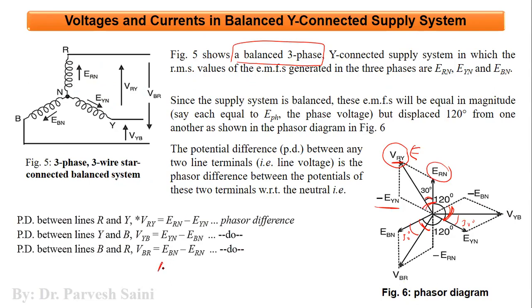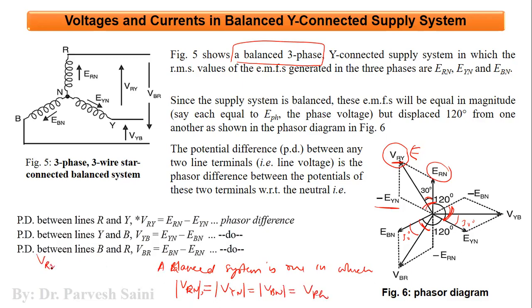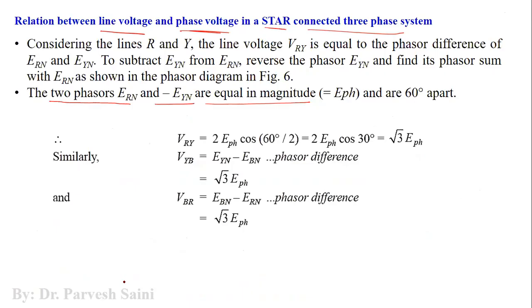So a balanced system is one in which the magnitude of VRN is equal to the magnitude of VYN equal to the magnitude of VBN, and this is the phase voltage, right? Similarly, the magnitude of VRY is equal to the magnitude of VBR is equal to the magnitude of VYB, and these are the line voltages VL, right? So this is a balanced system.